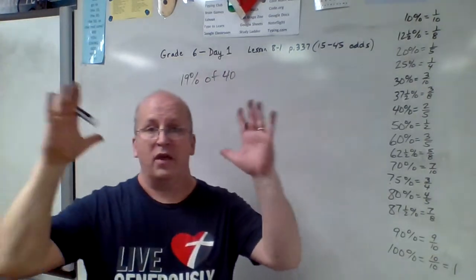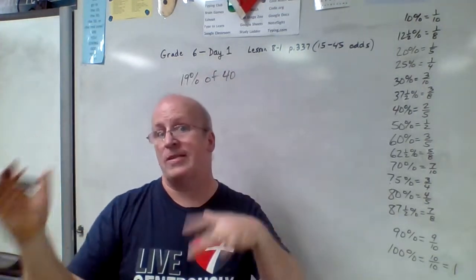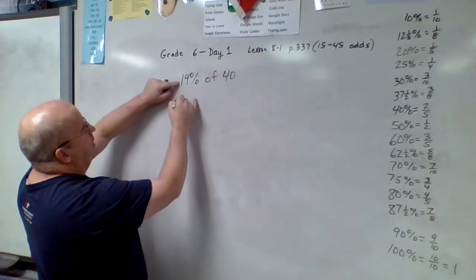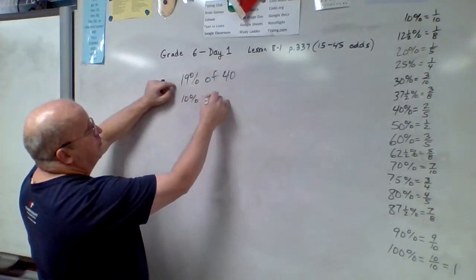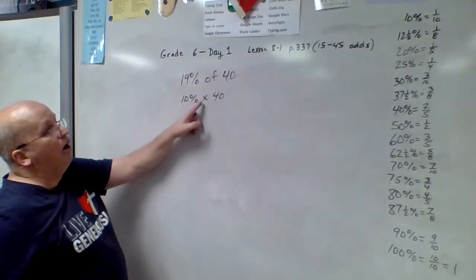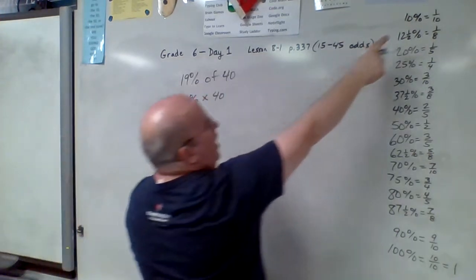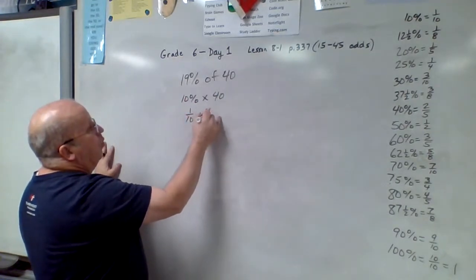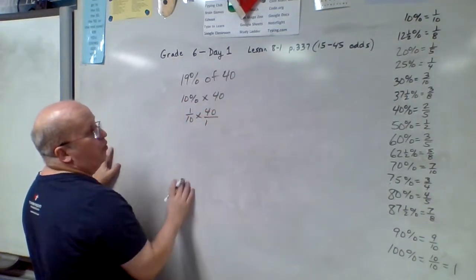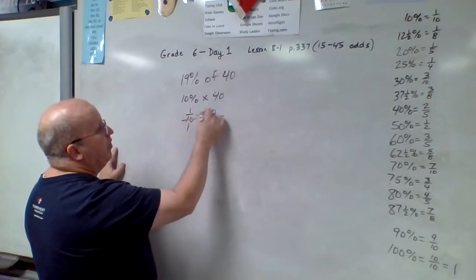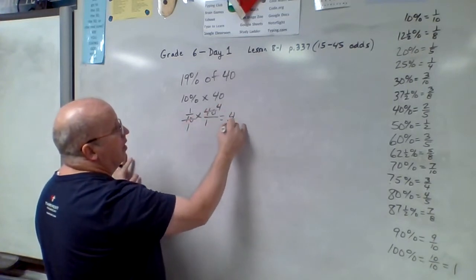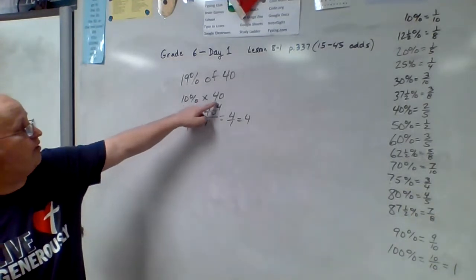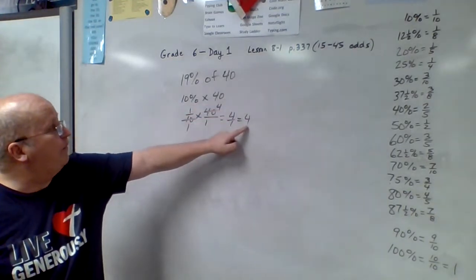Now remember, they said estimating by using 10%. So the first thing I'm going to do is think about 10% of 40. 10% of means multiplication, and 10% is the fraction 1/10. What is 1/10 of 40? 1/10 of 40 is the number 4, right? So 10% of 40 is the number 4.